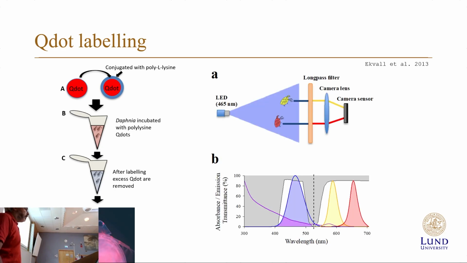Then what you need in this case is just your illumination source that excites the particles, and then you need the long pass filter that makes your camera blind to the excitation light, but not to the emitted light of the particles. That is the yellow and red in this slide.